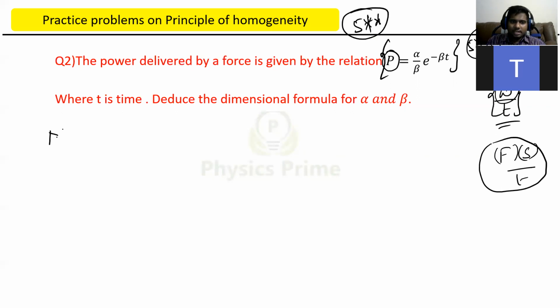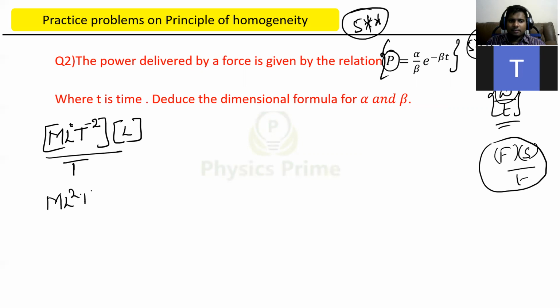Force is ML T power minus 2, into displacement, which is length, L, divided by time T. Now it will become M L square T power minus 2. Interesting, you see here, this is the dimension of energy, right?